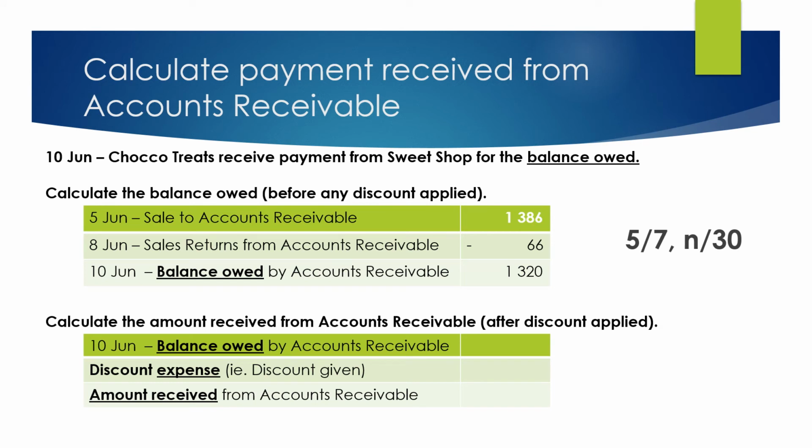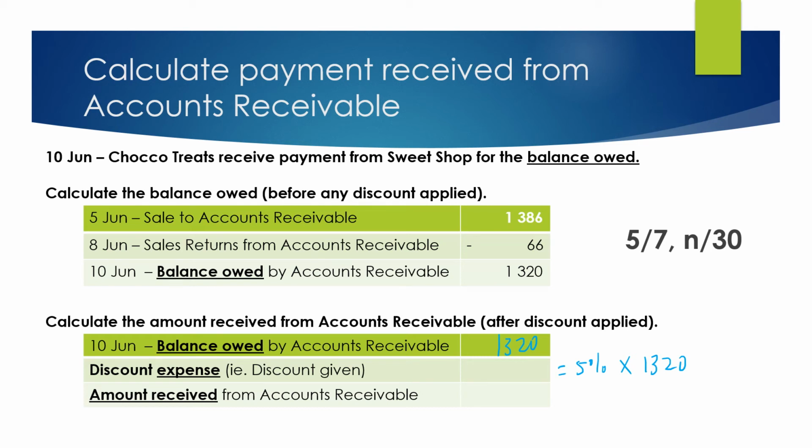On the 10th of June, the balance owed by the accounts receivable was $1,320. The discount expense, which is the discount given to the accounts receivable, is calculated by taking 5% multiplied by the balance owed of $1,320.